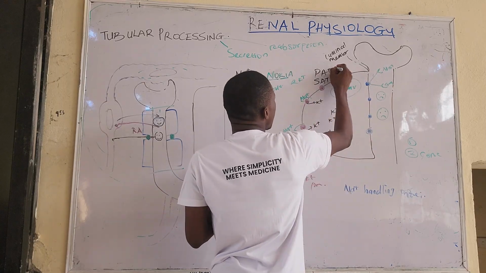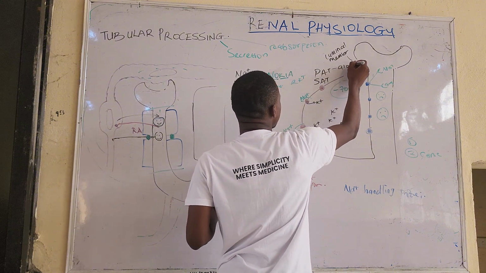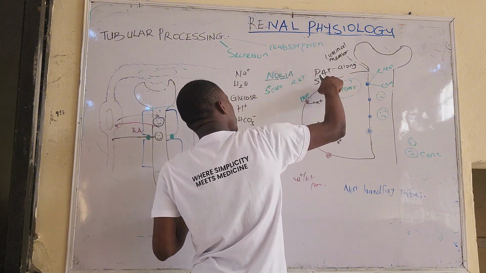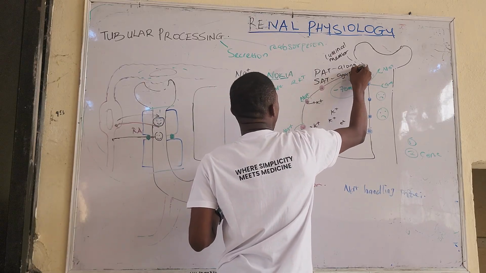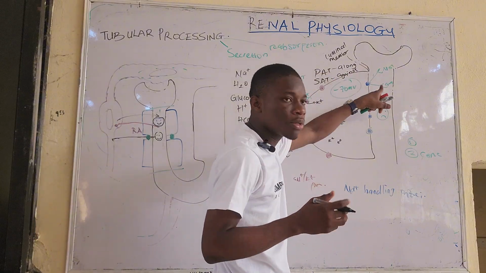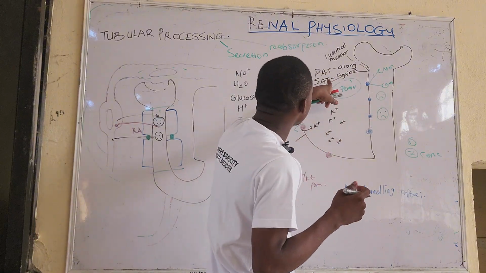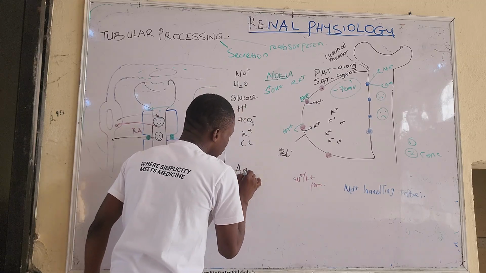Now don't forget, anything that is moving through PAT is moving along the concentration gradient. Anything that is moving through SAT is moving against the concentration gradient. So if they ask you that sodium is moving through PAT, it's moving along. What about SAT? Against. You can even remember the word against.